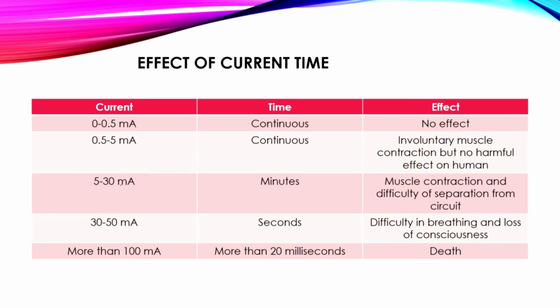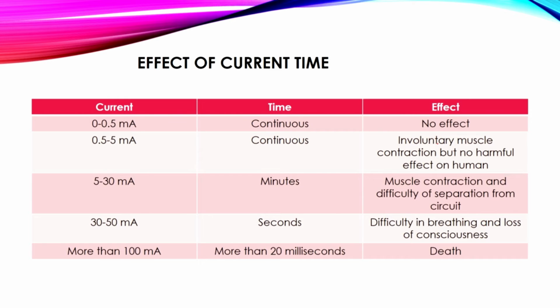Now if the current increases to 30 to 50 milliampere for just seconds, this will cause difficulty in breathing and loss of consciousness. For more than 100 milliampere and exposure of more than 20 milliseconds, this will finally lead to death.